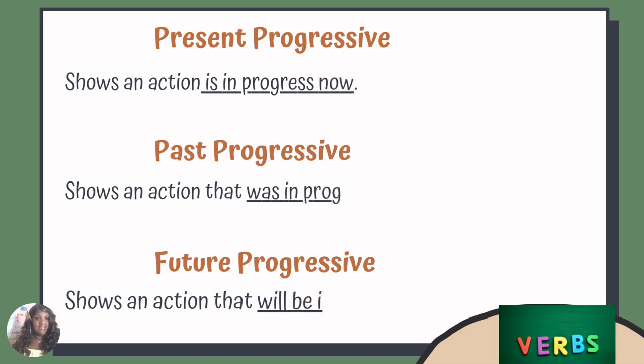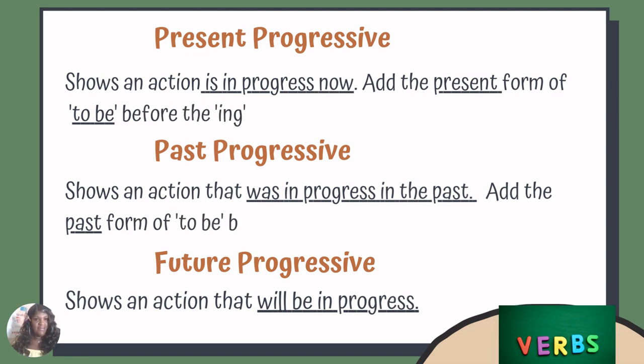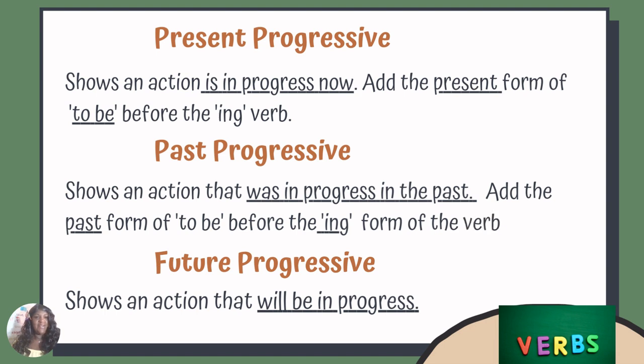Present progressive. It shows an action is in progress now. Add the present form of to be before the ing verb. Past progressive. It shows an action that was in progress in the past.